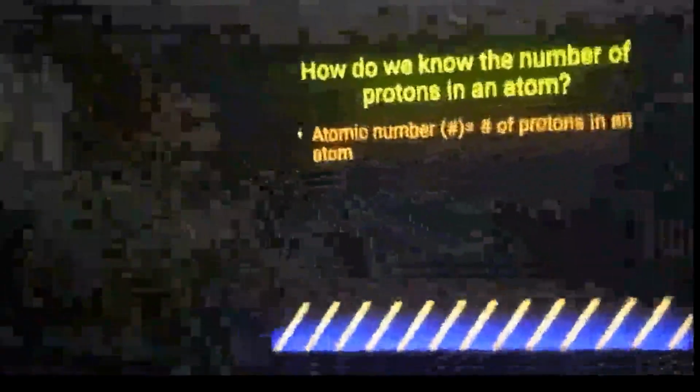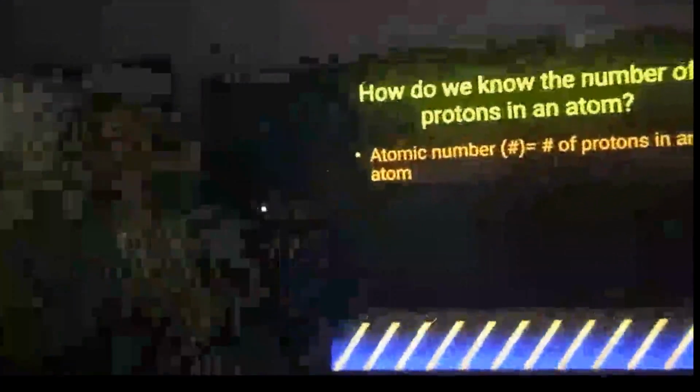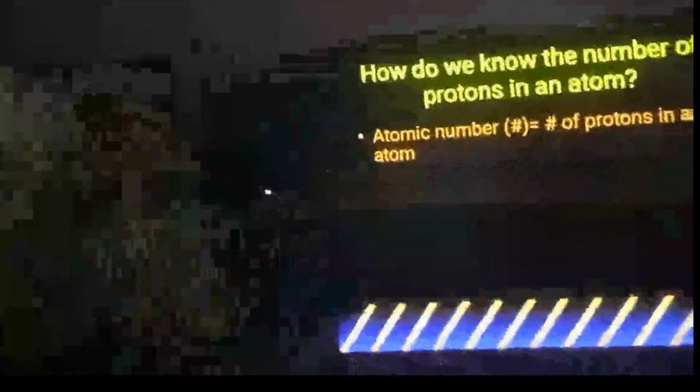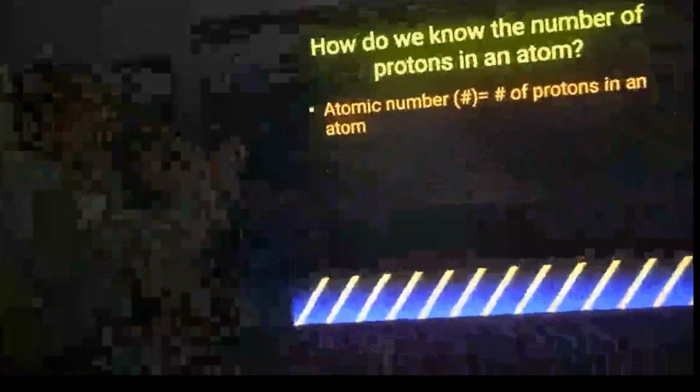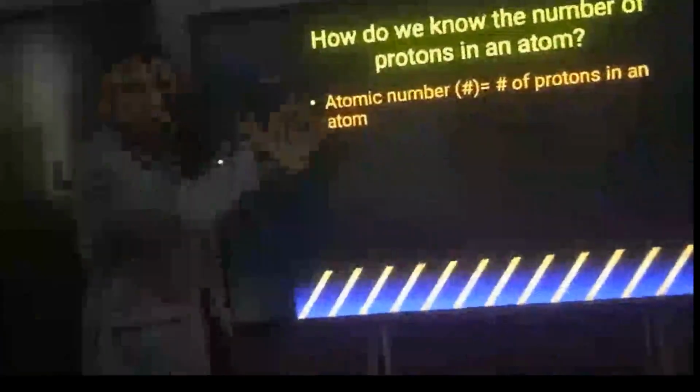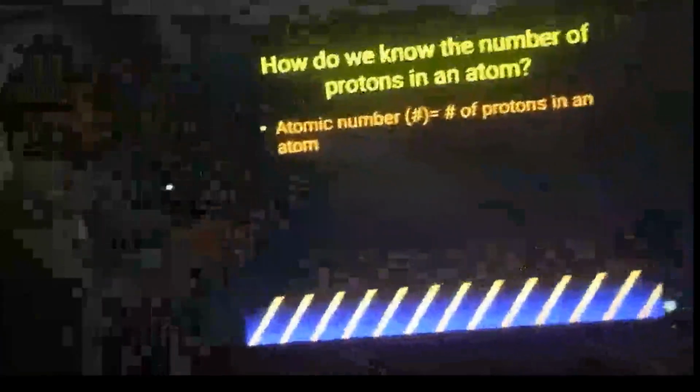How do we know the number of protons in an atom? It is very important. Each atom has its own unique proton number. Each atom becomes unique according to its number of protons inside the nucleus.